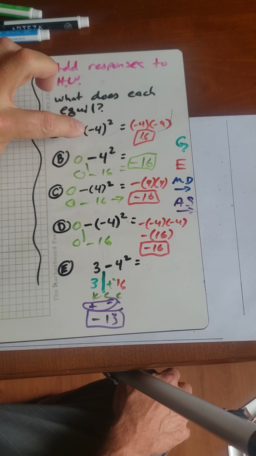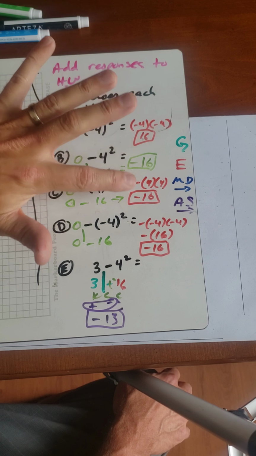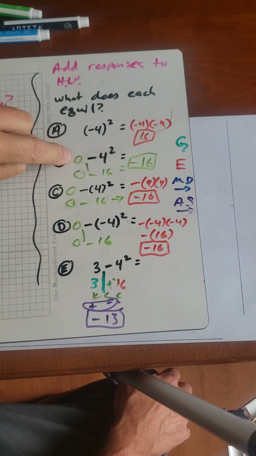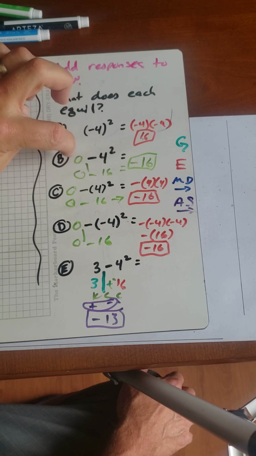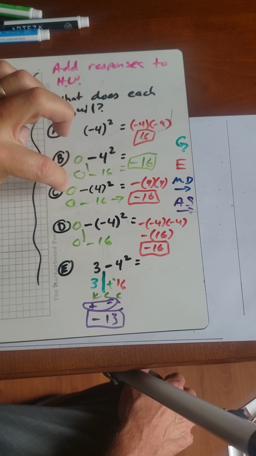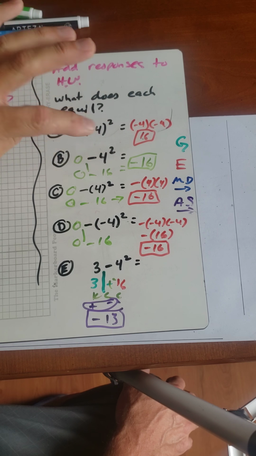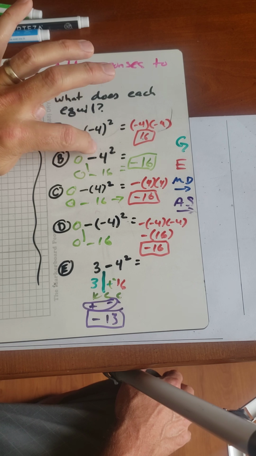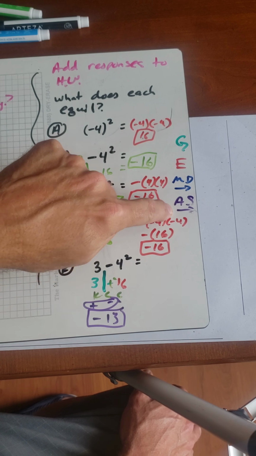Every other one, because I had a negative on the outside of these, ended up being a negative answer, right? So this is what you want to think of. If you put a 0 in front of it and it doesn't change the problem, it's now 0 minus 4 squared, or 0 minus parentheses 4 to the second, then that you have to do last, just like it's a subtraction. It brings it all the way down to the very, very bottom.